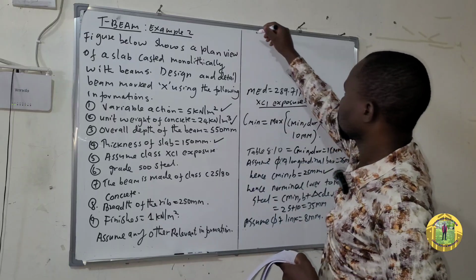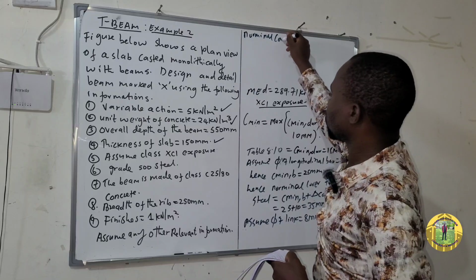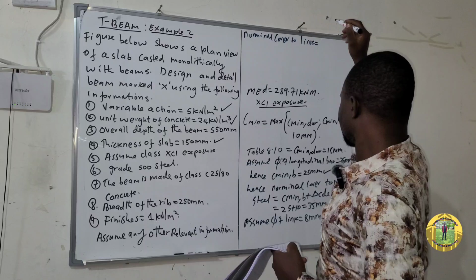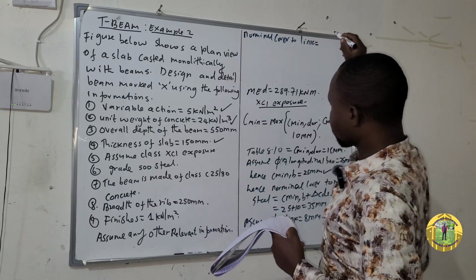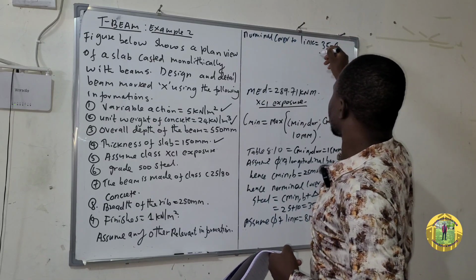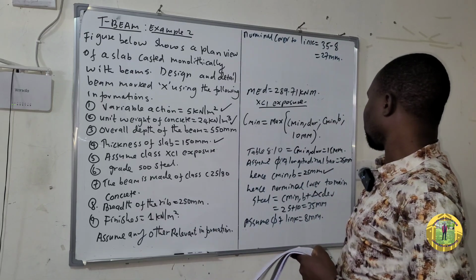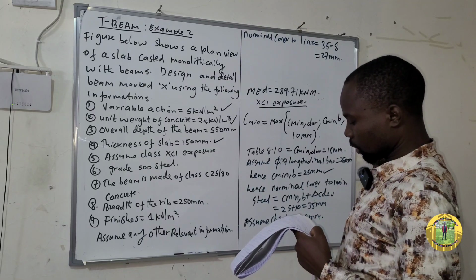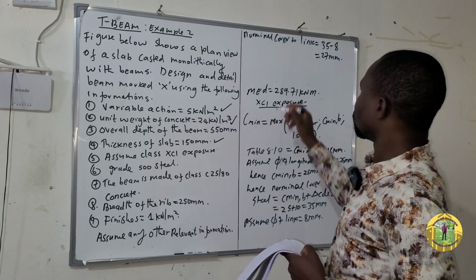So nominal cover to link is equal to 35 minus 8, which is equal to 27 millimeter, and this 27 is greater than nominal cover for durability, which is 15.